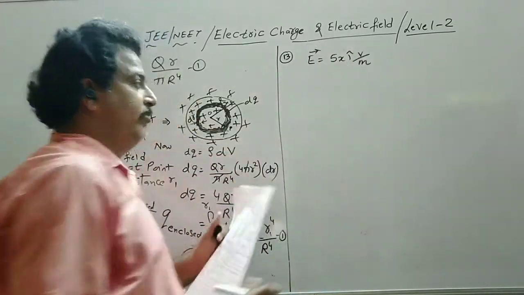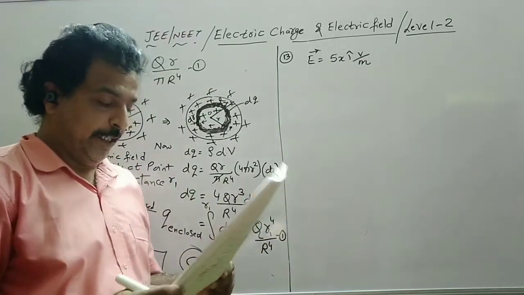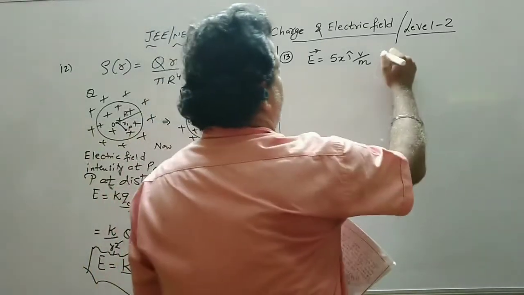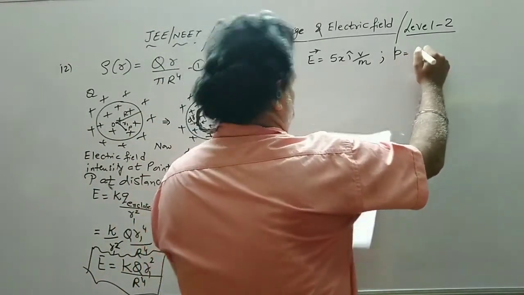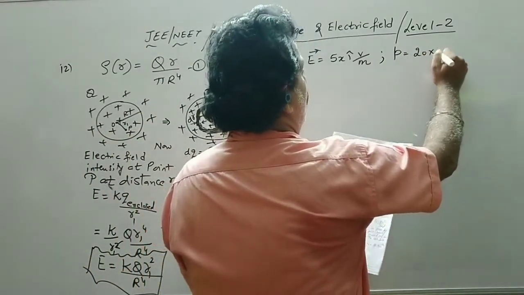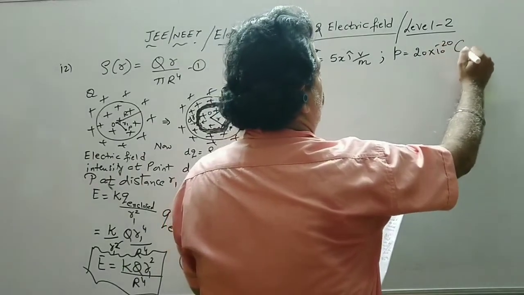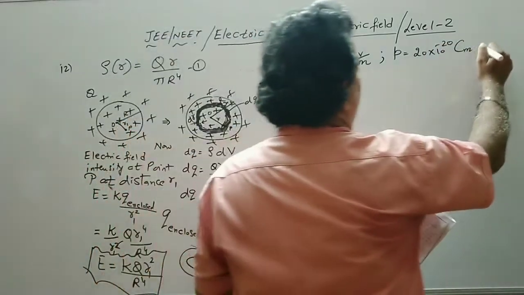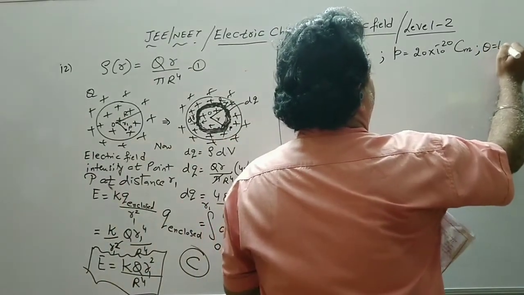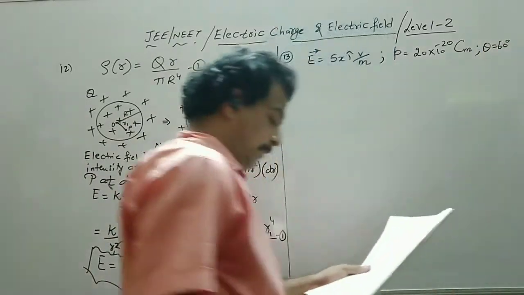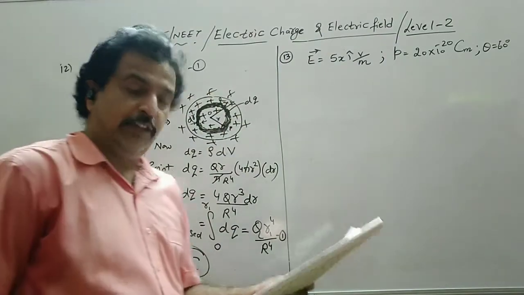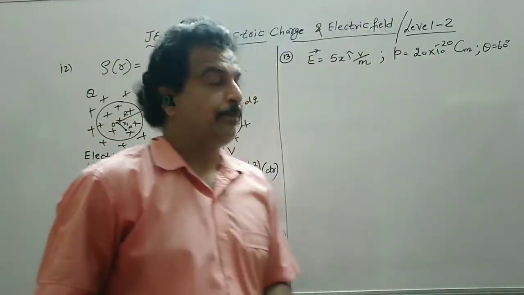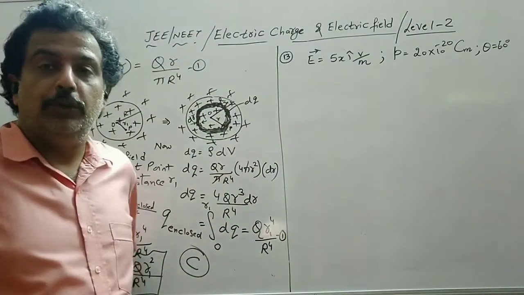It means the electric field is increasing along the x-axis. And the electric dipole has a dipole moment P equal to 20 into 10 raised to minus 20 coulomb meter, placed at an angle of 60 degree with the field. The net force on the dipole is, now we know that a force will act on it because the field is non-uniform.